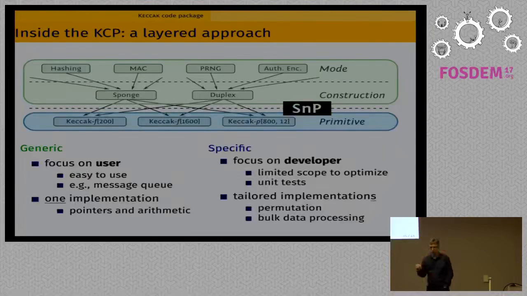Then there is this interface called state and permutation, below which you can hide the details of an implementation of the permutation for a given platform, and it will do all the state management, so XORing bytes into it and applying, of course, the permutation. You can then easily substitute one implementation below SNP with another that is more optimized for your given platform, and everything above SNP will still work.